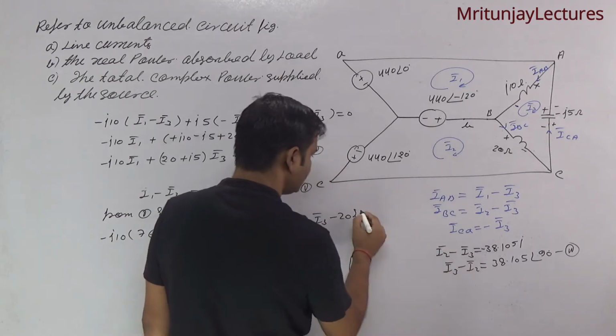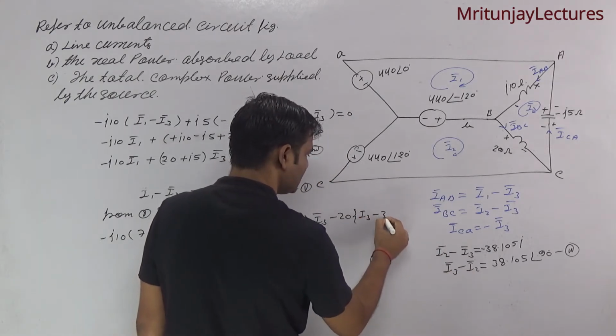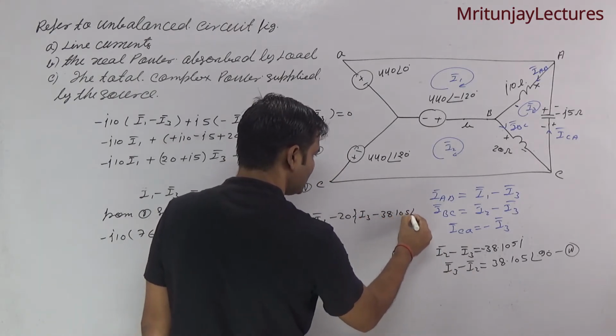What about I2? I2 is written as I3 minus 38.105 at the angle 90 degree.